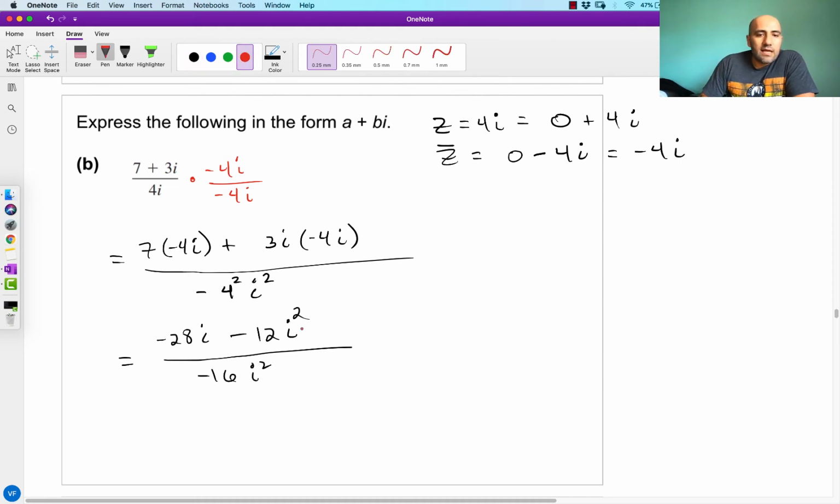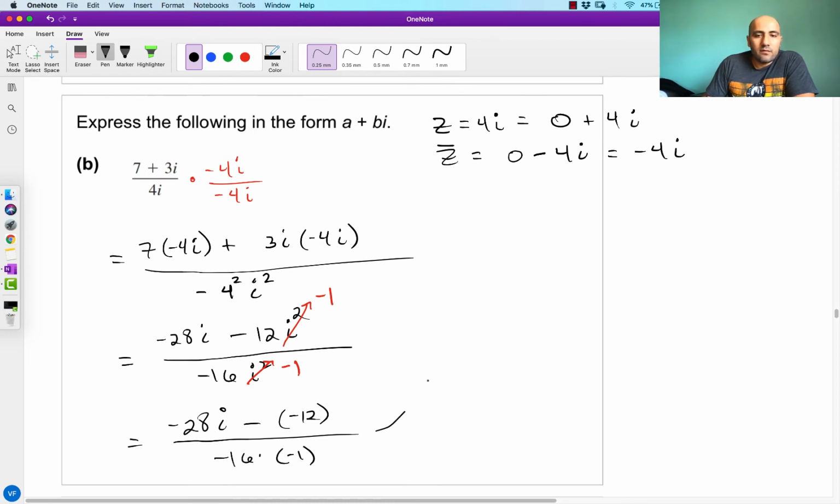And then each one of these i squares can become a negative 1. And so this simplifies to negative 28i minus negative 12 divided by negative 16 times negative 1. So this then turns into negative 28i plus 12 divided by positive 16.